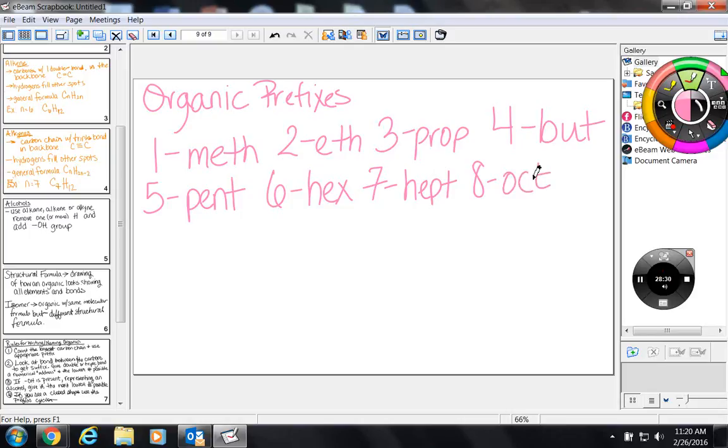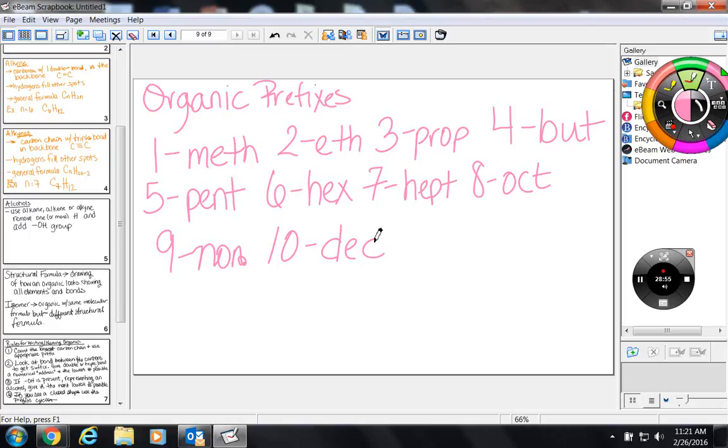When you go to the gas station and you pump gas, the different ratings are different levels of octane in gasoline. How much of it is there? 9 is still non, and 10 is still dec. All right? So we're going to use those prefixes.